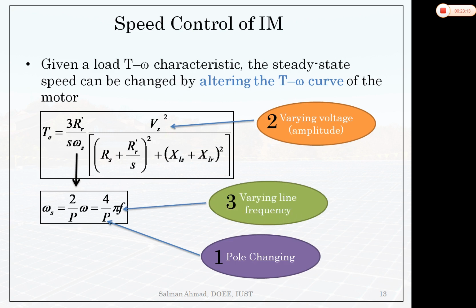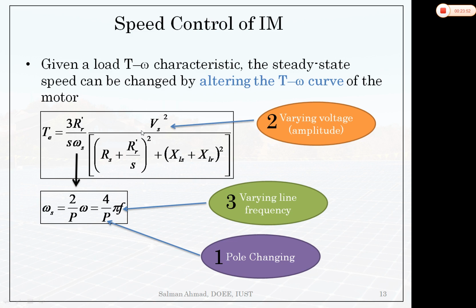We can achieve this by three methods. The torque equation is this one. Here you can see we have Vs, we have omega s, and we have rotor resistance. Based on these parameters we can control the speed of induction motors. First, we can change the applied voltage in the stator winding. If we change this value, the torque characteristic will shift and we can intersect the load characteristic at the desired speed.